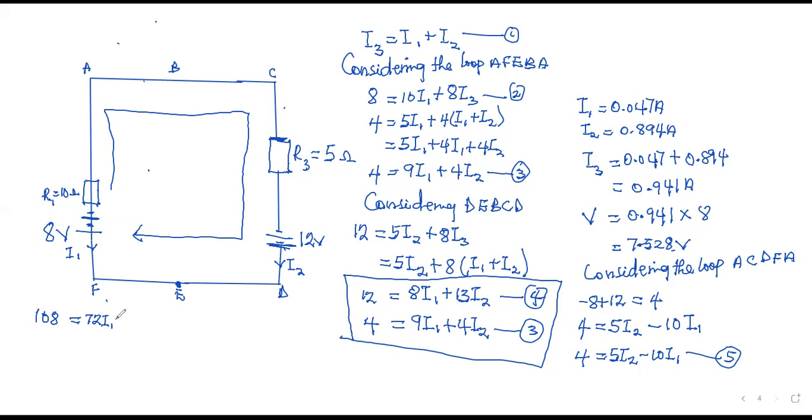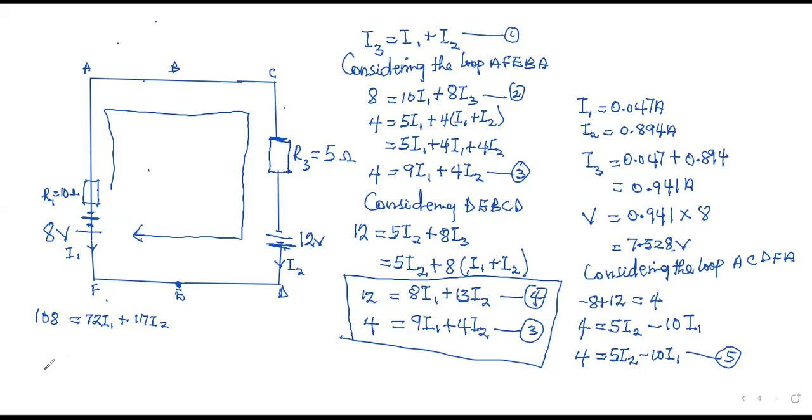Okay, so plus 13 multiplied by 9. This is 117 I2. Kenneth, are you there? Yes, sir. Then equation 3, let's multiply that by 8.